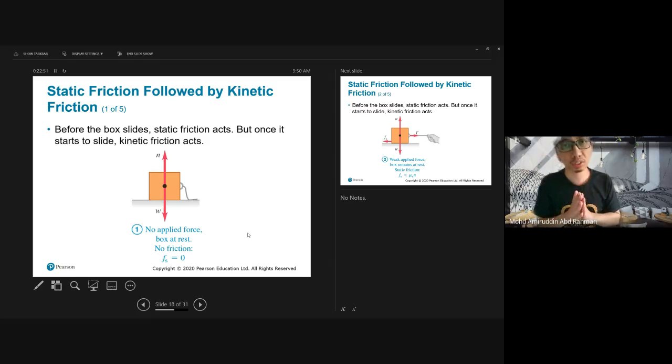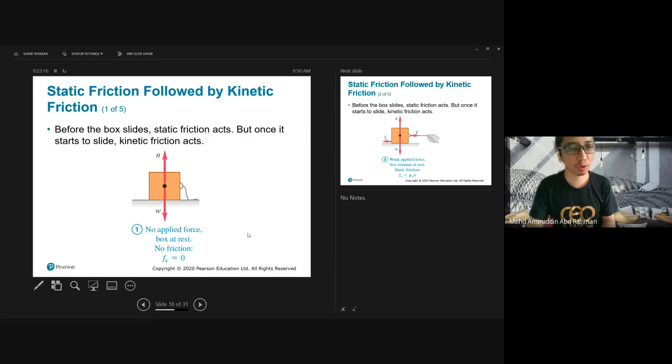The first is static friction, when the board is at rest, and the other is kinetic friction, when we move. So kinetic is when the object is moved, static when the object is at rest.